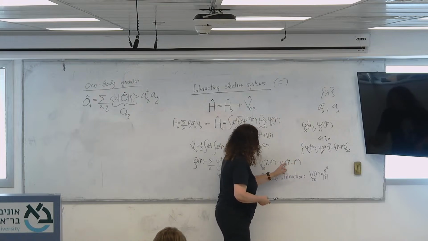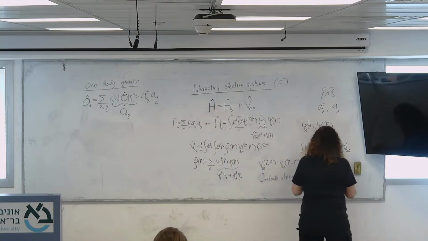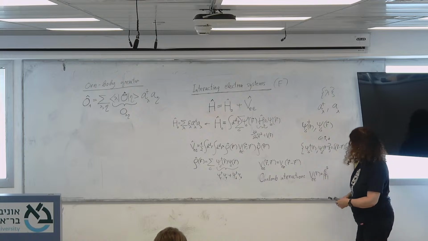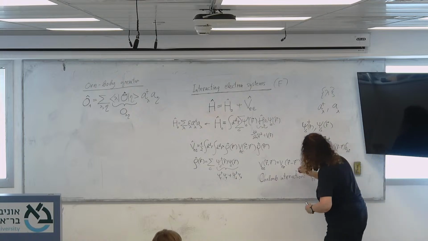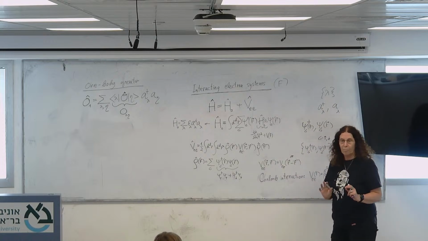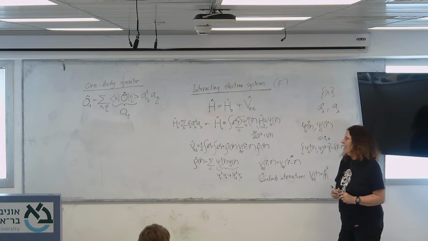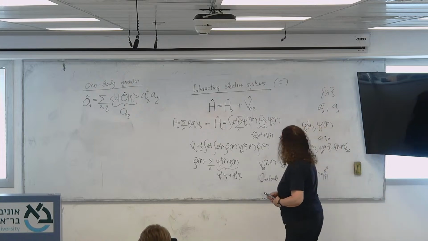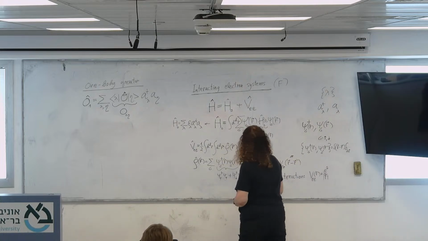It's just a function. So this r is a dummy index that represents a difference. If you like, I can write it as V of delta r. Clear? Okay, great.